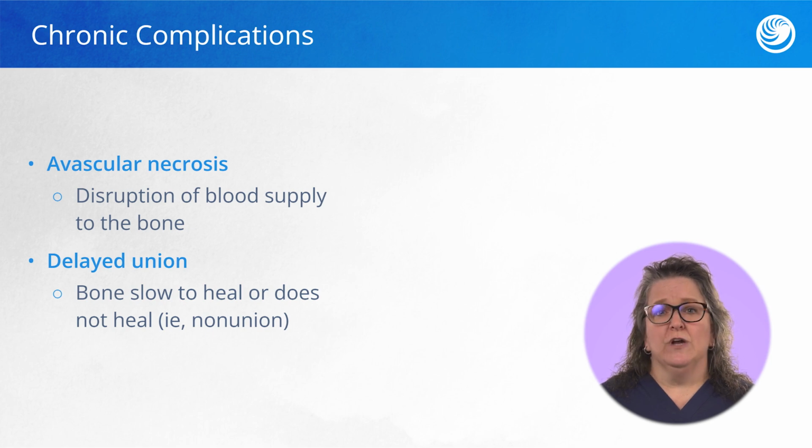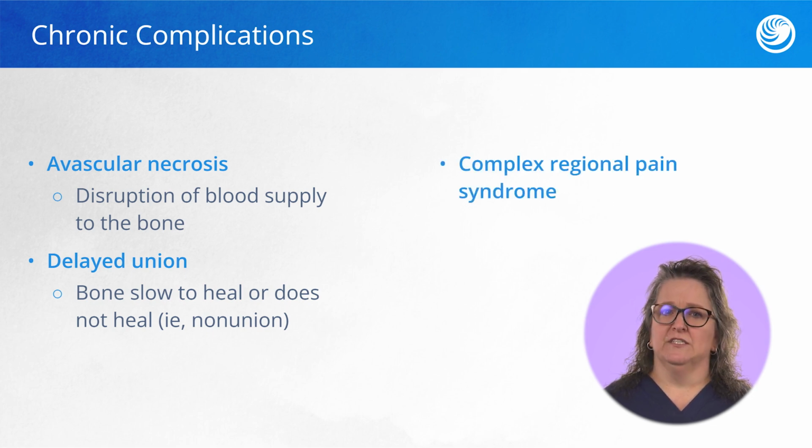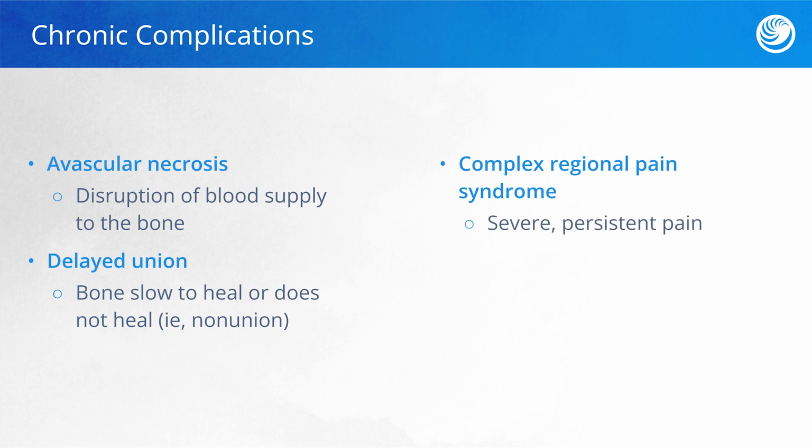This can happen due to underlying medical conditions that stall healing, like diabetes, malnutrition, peripheral vascular disease, or infection. Complex regional pain syndrome. This is severe, persistent pain, and it's due to damage to the nerves in the area of the injury. It is often associated with hand and foot injuries.